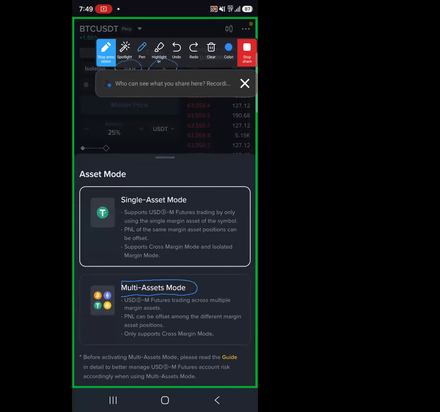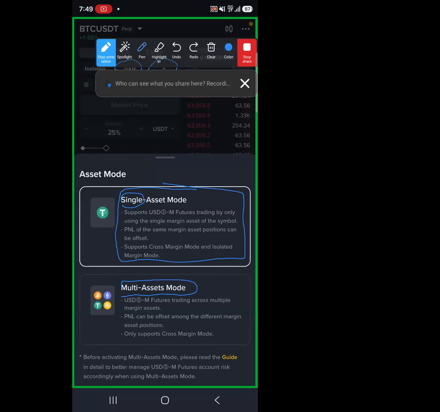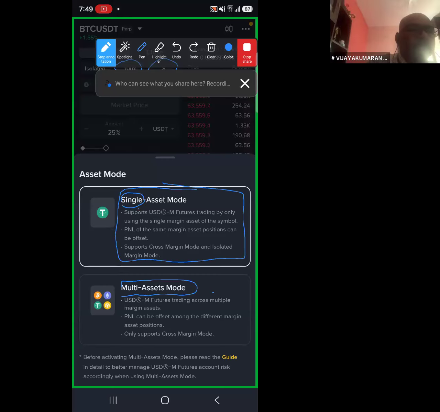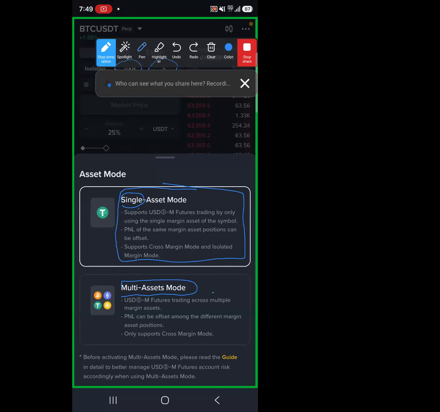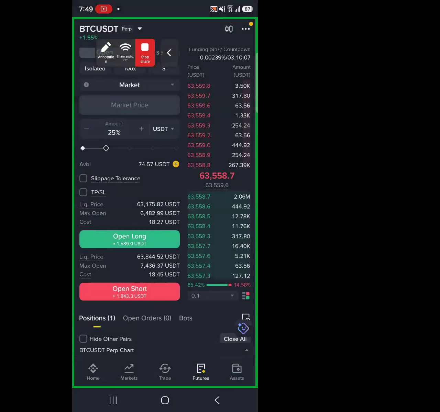Now, when you're trading here on the exchange, ensure that your asset mode is on the single asset mode. Choose single. Yes, it must be in single, not multiple. So you just make sure it is on single like that, and then that is all.